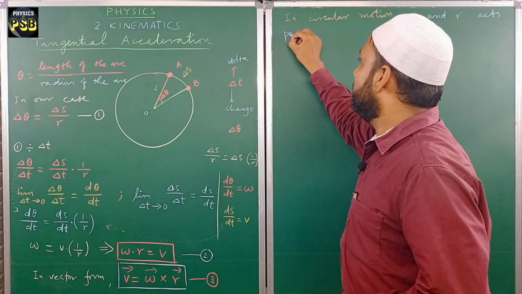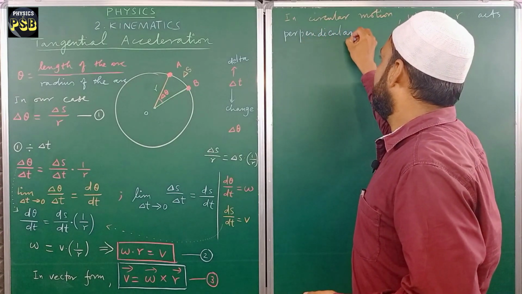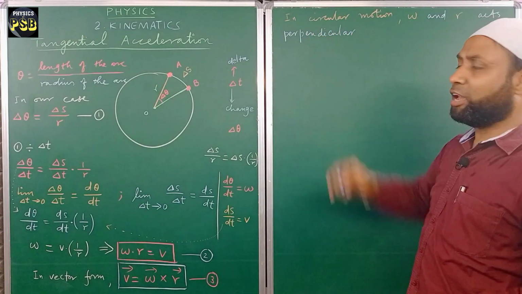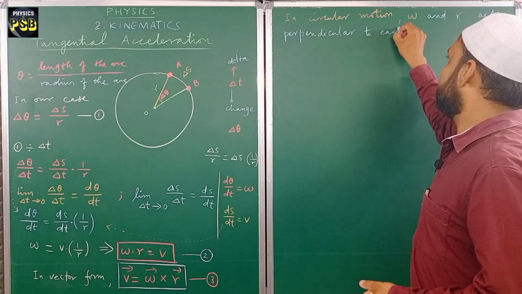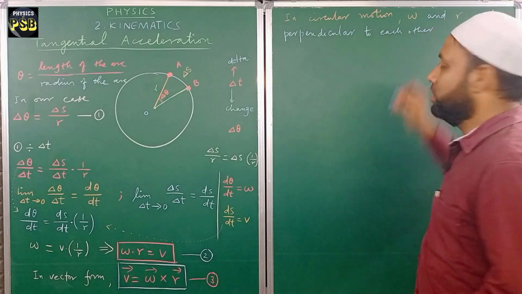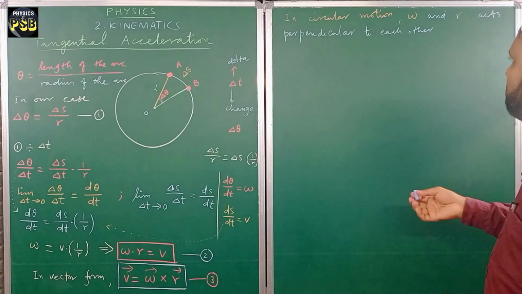Perpendicular means making an angle of 90 degrees with each other. So how do they act perpendicular to each other?